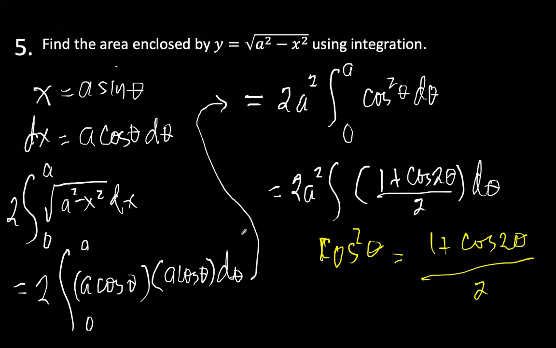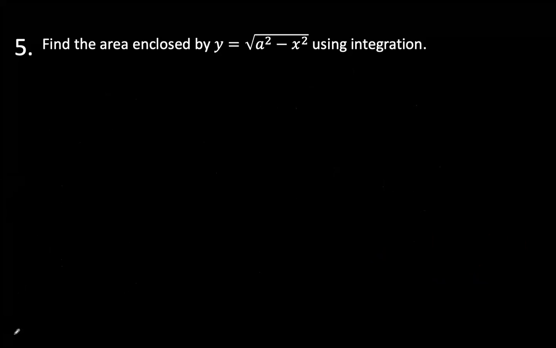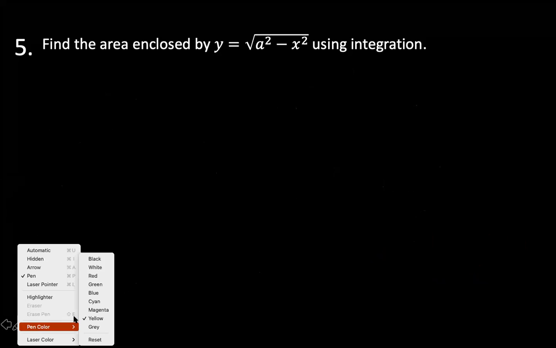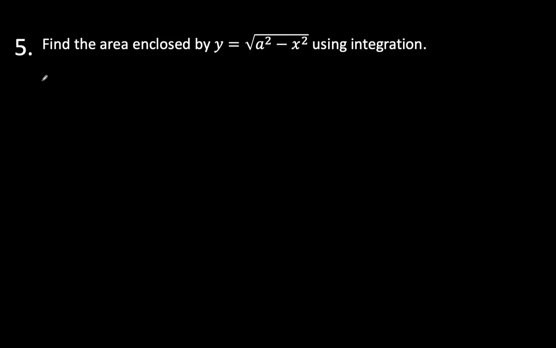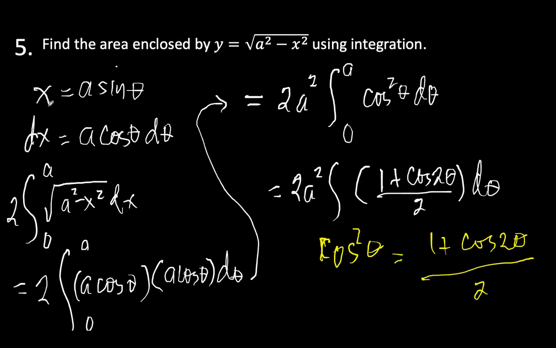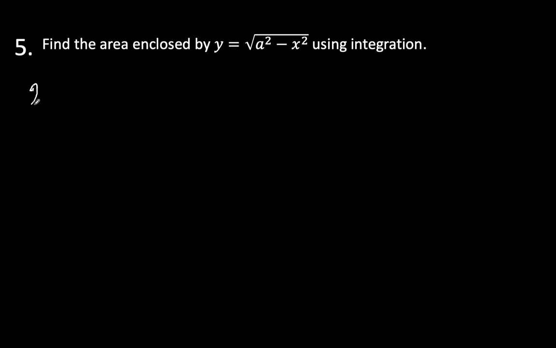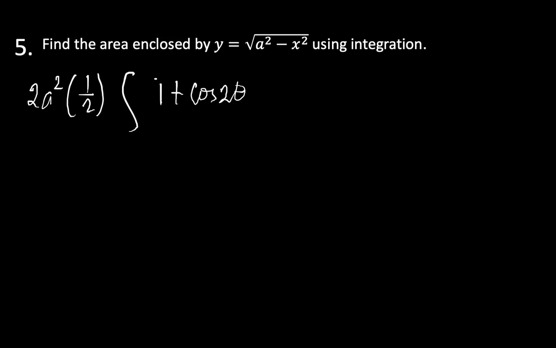And let's simplify this expression. So we have 2a squared times 1/2. Let's put the constant as a coefficient, which is 1 plus cosine 2 theta with respect to theta from 0 to a.